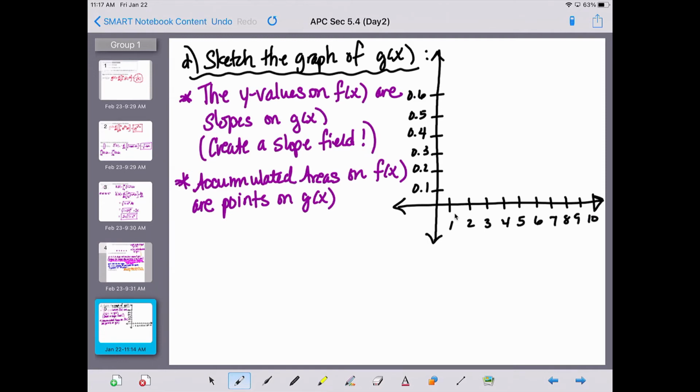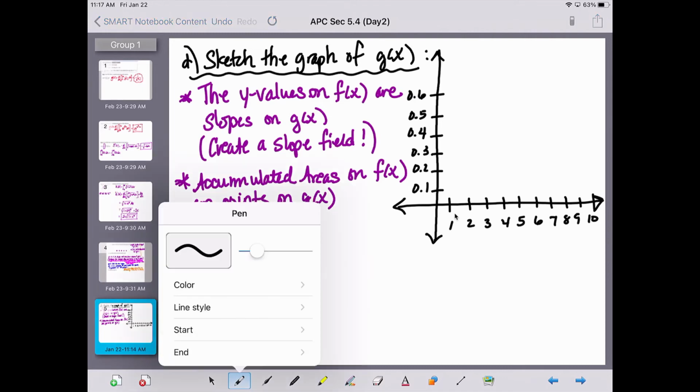All right, so beginning with the y values on f of x are the slopes on g of x. Just looking at my graph, at x equals 0, the y value of the given graph was 0. So my slope is going to be 0 at x equals 0.